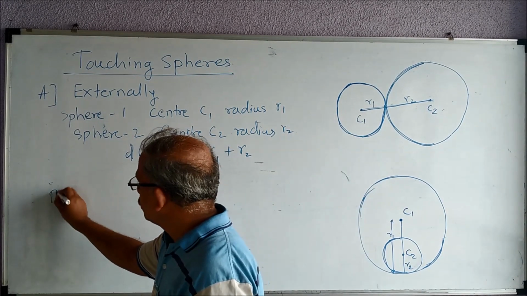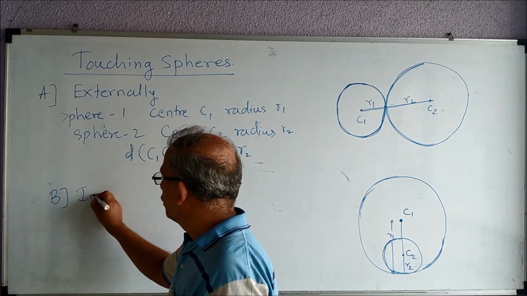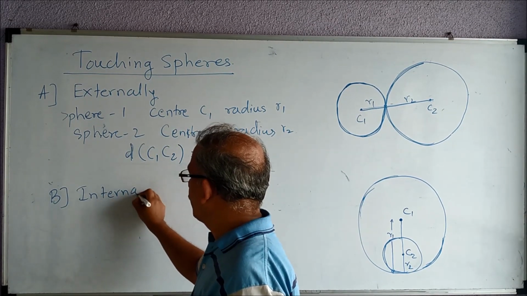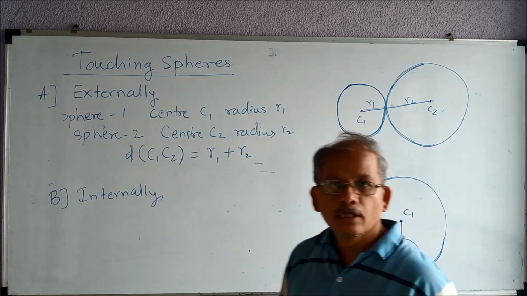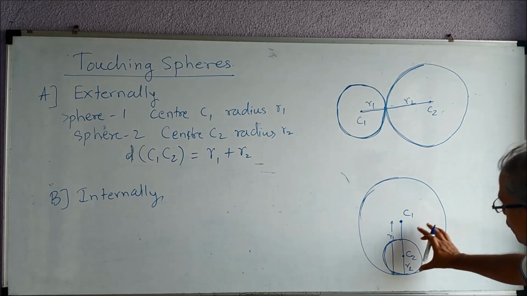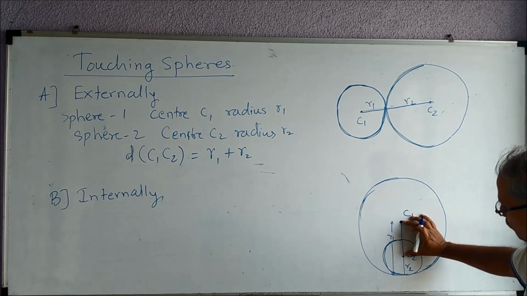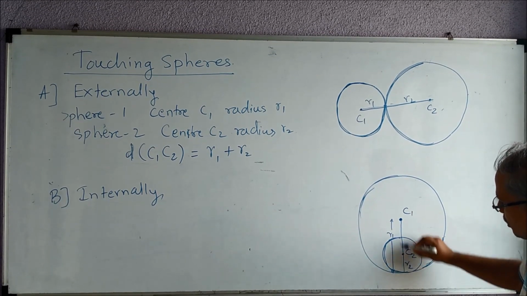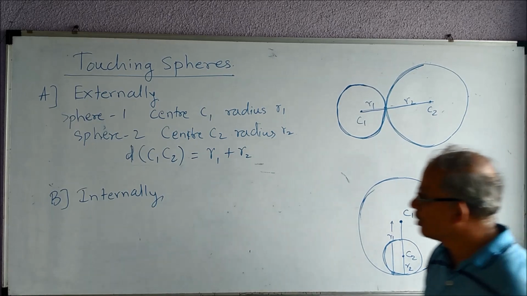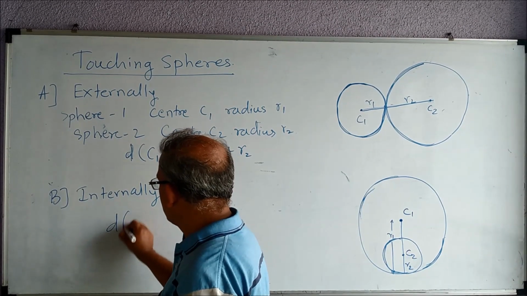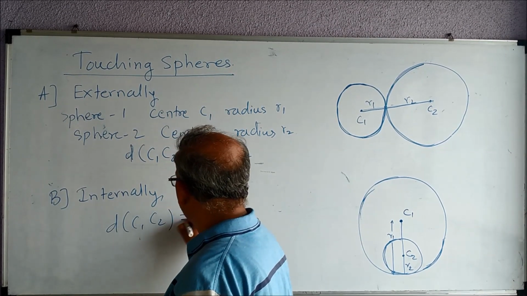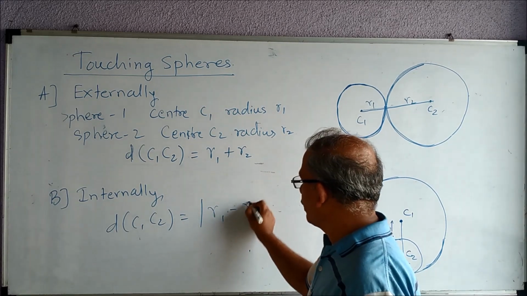And if they touch internally, then what is the condition? The condition is that the distance C1C2 must be the difference between R1 and R2.